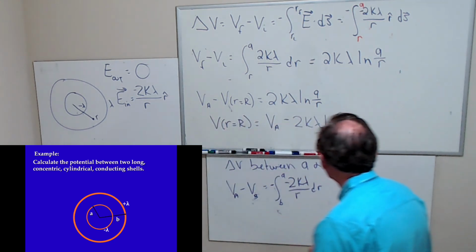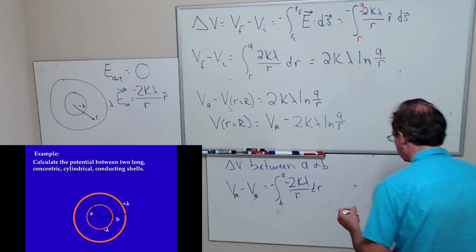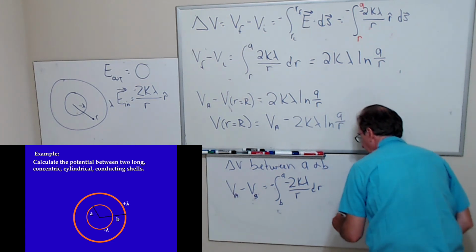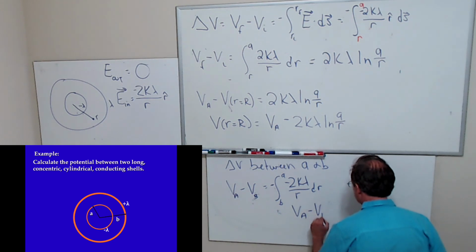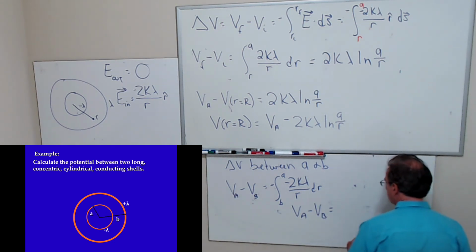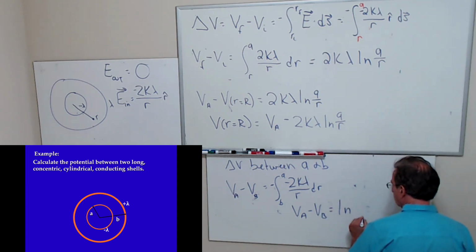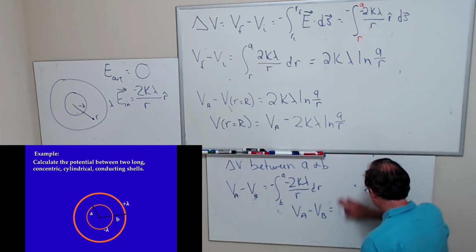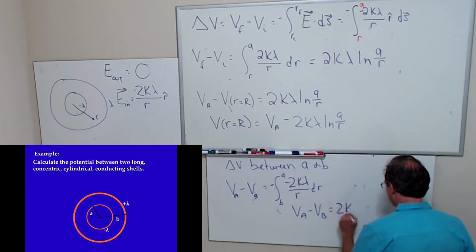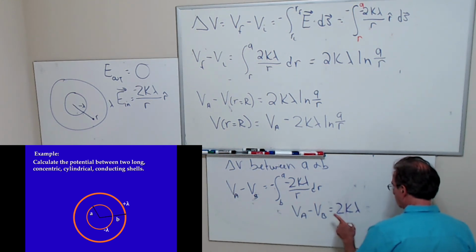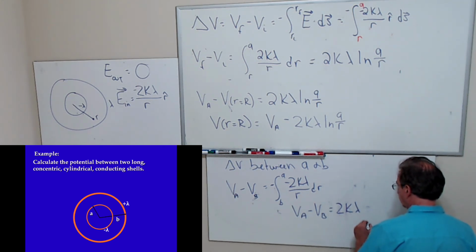Okay. So if I do this, then this is going to give me V sub A minus V sub B is equal to 2k lambda natural log of A over B. Sorry, I'm trying to hurry up.